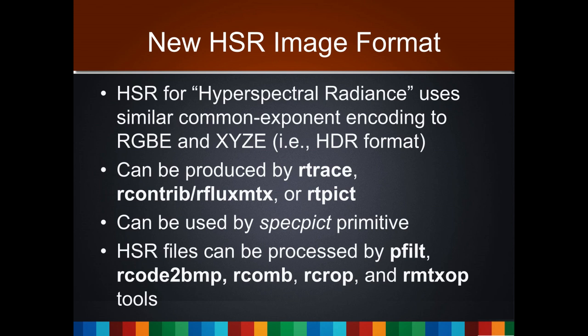It's not as accurate as you might want, and we have alternative workarounds where you don't have to go through that 8-bit quantization. But the nice thing about this is that it works a lot like an HDR format, and you can even run pfilter on it and a few other tools. It won't display normally, other software won't recognize it like they do HDR, but it's a good starting point.